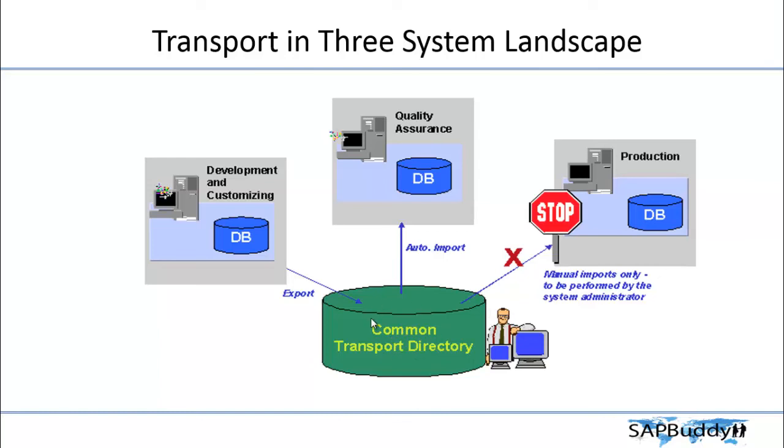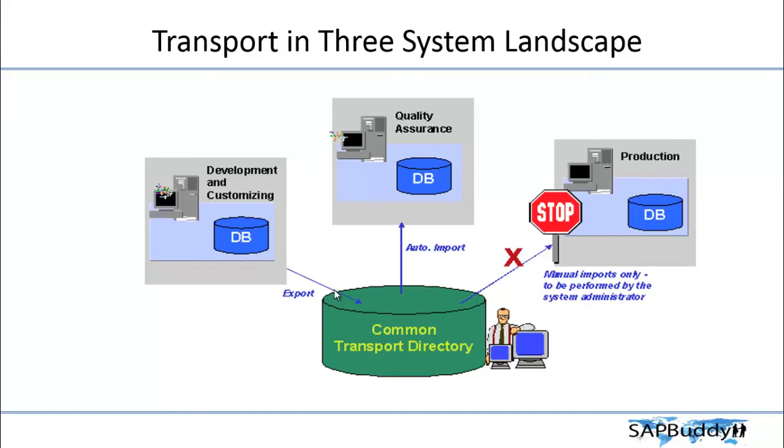Common transport directory is basically an operating system folder where you keep all the transport related files. You can see here development system. Here from the database, you can see export. Whenever you release any transport request, it will export the TRs to a transport directory.